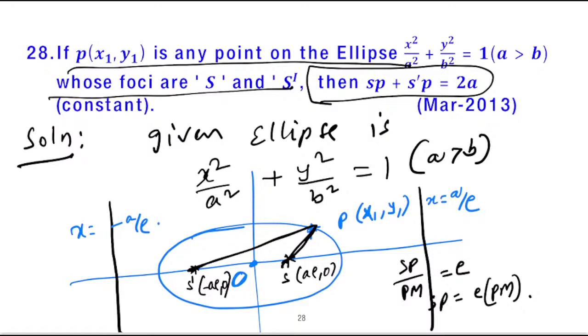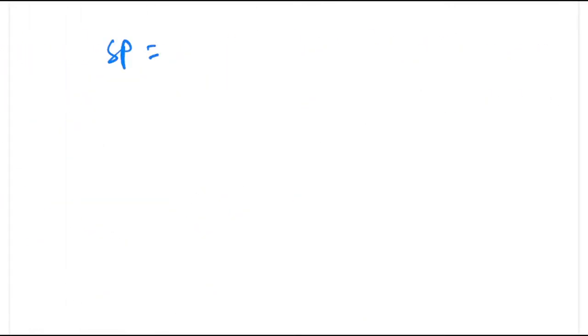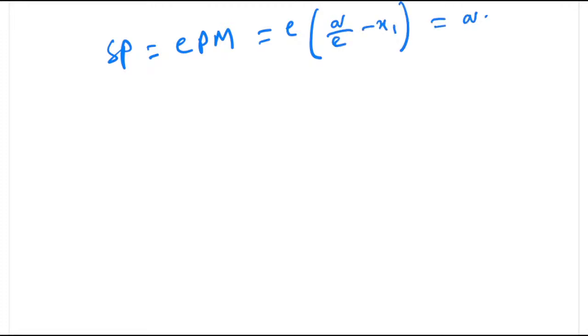So SP is e times PM. Applying PM as the perpendicular distance, SP is e times (a by e minus x1), nothing but a minus e x1.